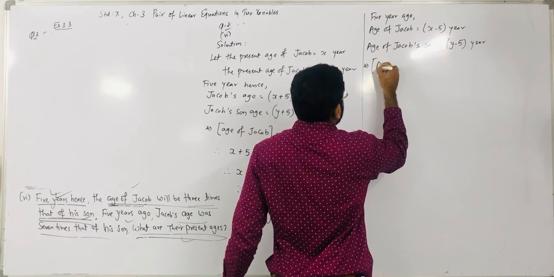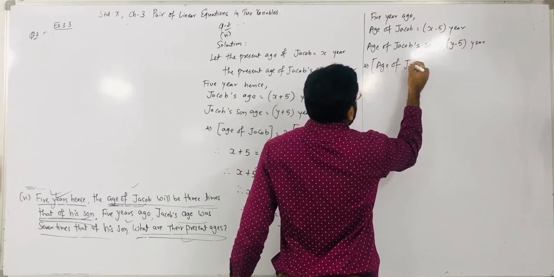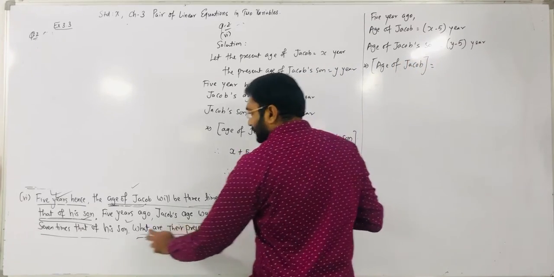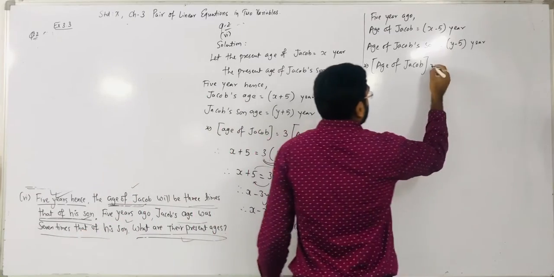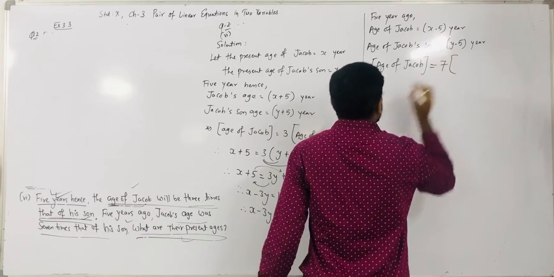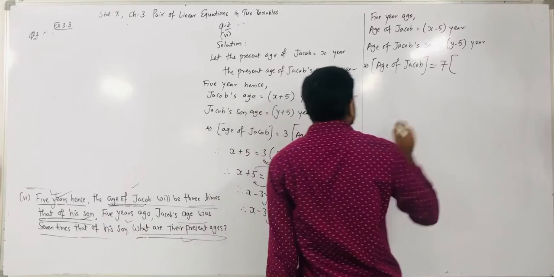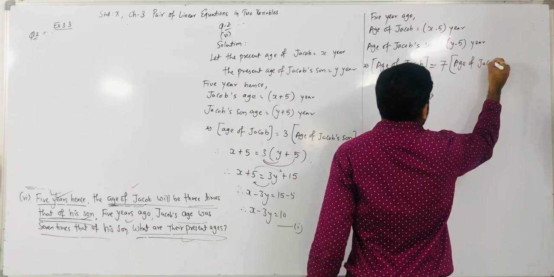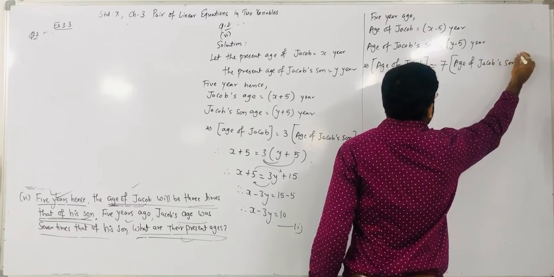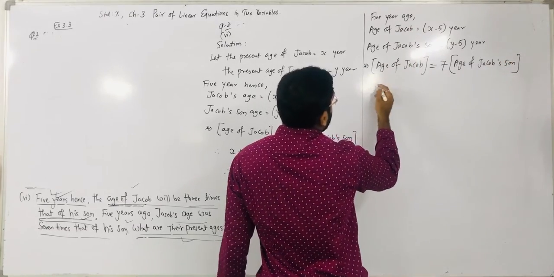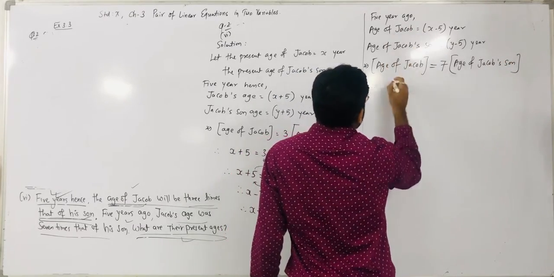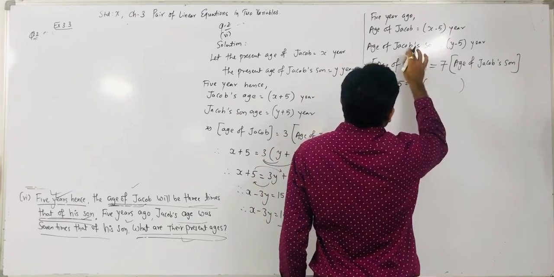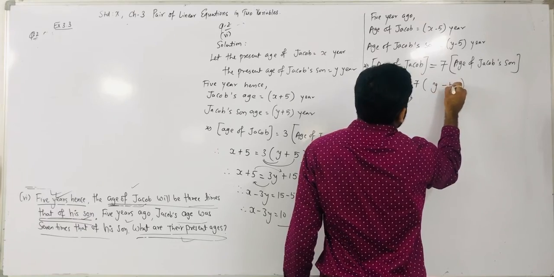Jacob's age was how many times? 7 times. So it is equal to 7 times the age of his son. So 5 years ago the age of Jacob, which is x minus 5, is equal to 7 times the age of Jacob's son 5 years ago, which is y minus 5.